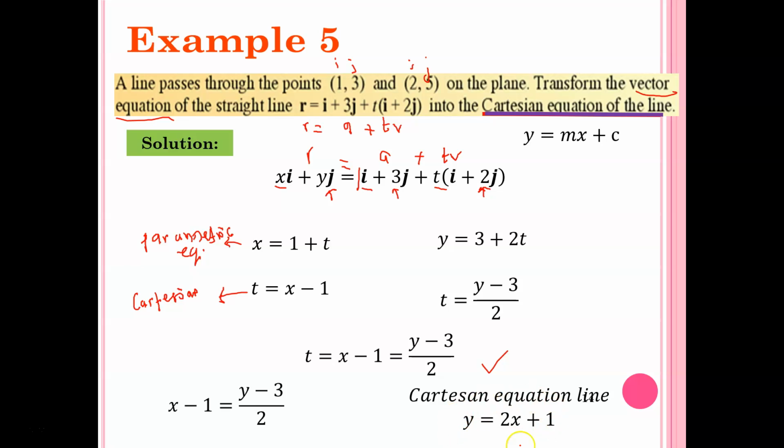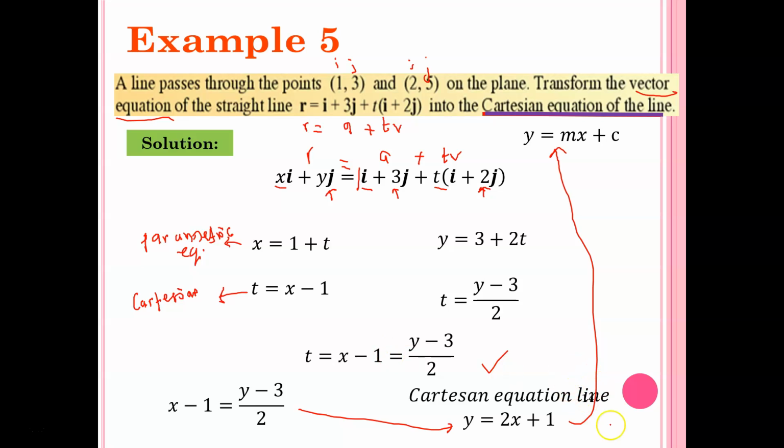How do we get this one? You rearrange. From here you bring the 2 up to here and it becomes 2x. Then multiplying this gives negative 2, and negative 2 plus 3 becomes 1. You rearrange until you get this. Why this form? Because the question wants it in the form y equal to mx plus c. If it were just the Cartesian equation, this one is enough.